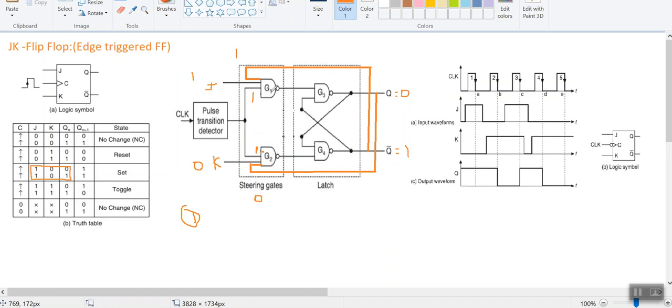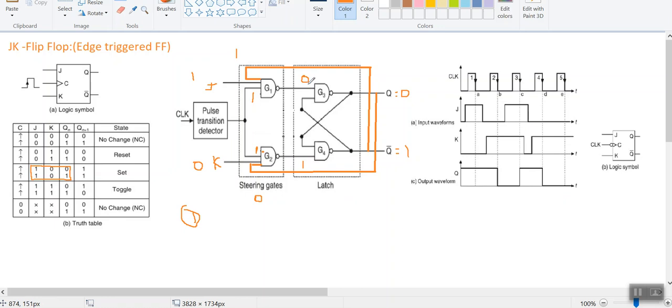Now we need to check the output at the end of this G1 NAND gate. My three inputs are 1, 1, 1, therefore the multiplication is 1, and after inversion my output becomes 0. In a similar way, for this G2 NAND gate, my three inputs are 1, 0, 0. Therefore the multiplication is 0 and then inversion gives output 1.